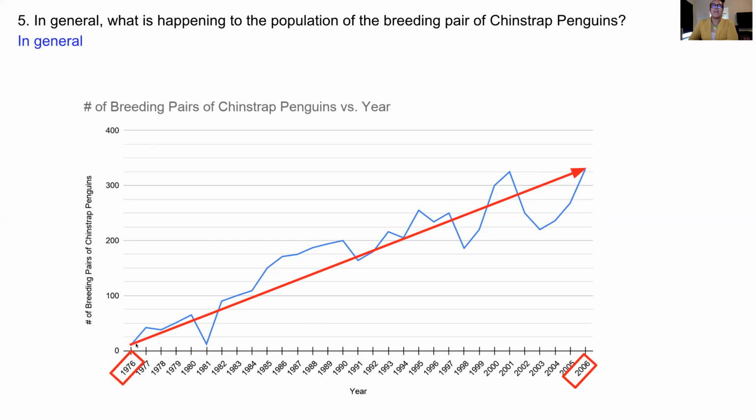We had somewhere around 10 breeding pair in 1976 for this data set. So in general, the number of breeding pairs of chinstrap penguins is increasing. There are more chinstrap penguins now, or in 2006, than there were in 1976.